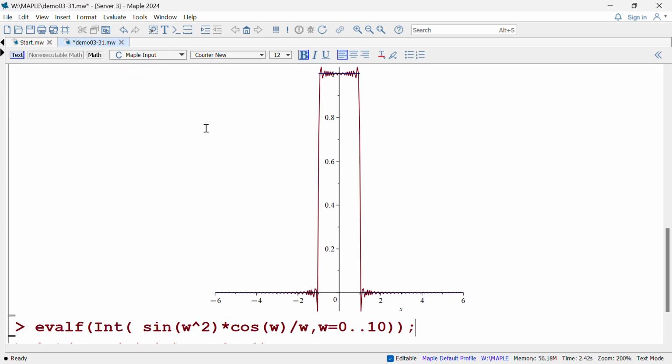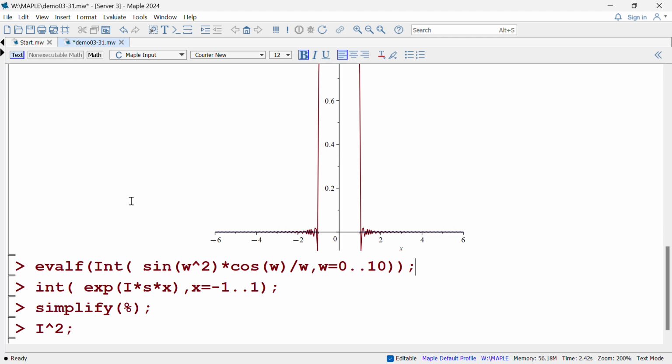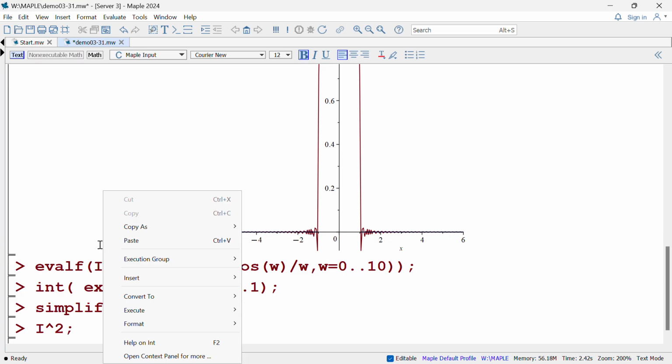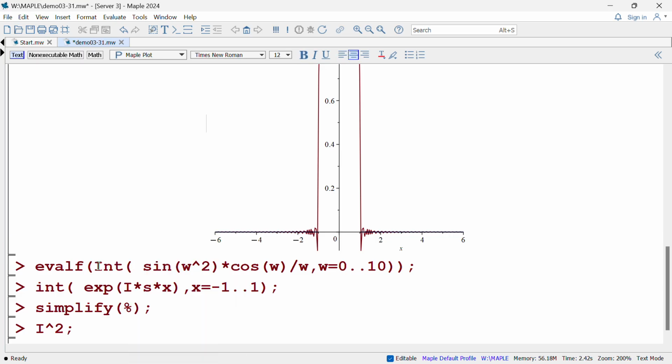Obviously, Maple is doing that to make these graphs. But here's a command. Evalf means evaluate it as a floating point number. And if I put a capital I with a small int here, it would actually try to find an antiderivative and calculate that integral. And of course, it can't do that.